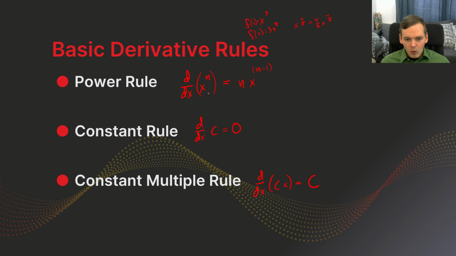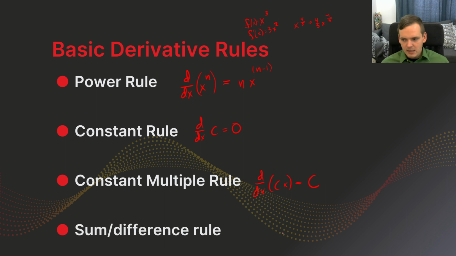And note that these only work if they look exactly like this: x to some power, or c times x. If it's c times x to some power, it doesn't work. It has to be exactly these forms.